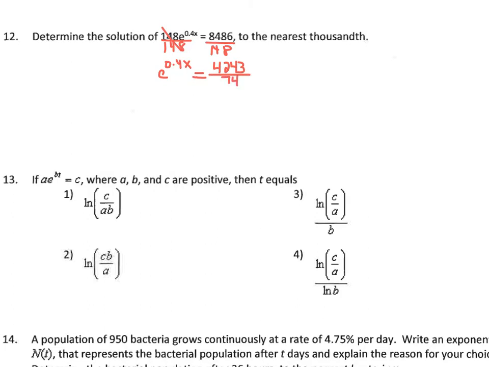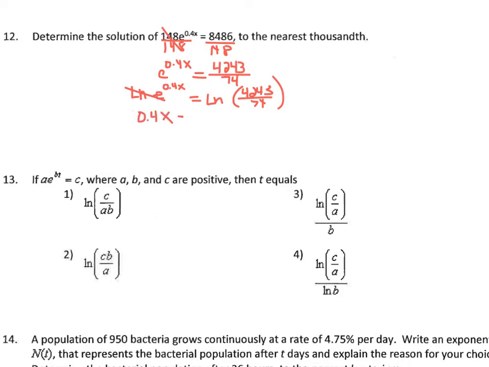Now as we said before, to get rid of an e, we want to throw an ln in front of both sides of the equation. The reason we do that is because when you have ln of e to some exponent, it's always equal to just that exponent. You can think about it like the ln and the e canceling each other off and just bringing down the exponent.